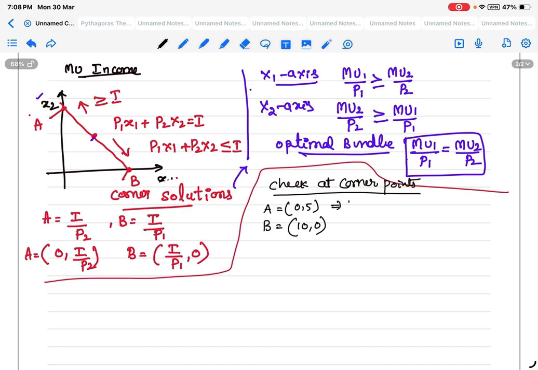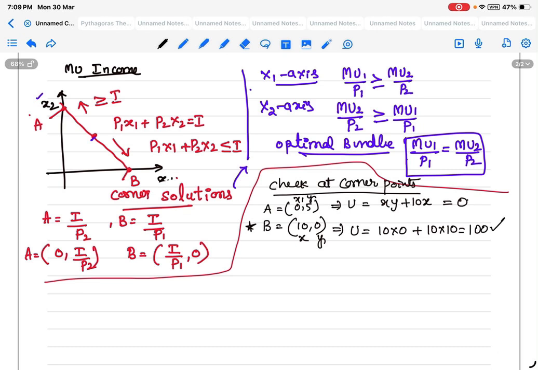At A, the utility function is u equals xy plus 10x. This is the x value and this is the y value. At A, x is 0, so utility is 0. At B, utility equals x times y, which is 0, plus 10 times 10, that equals 100.